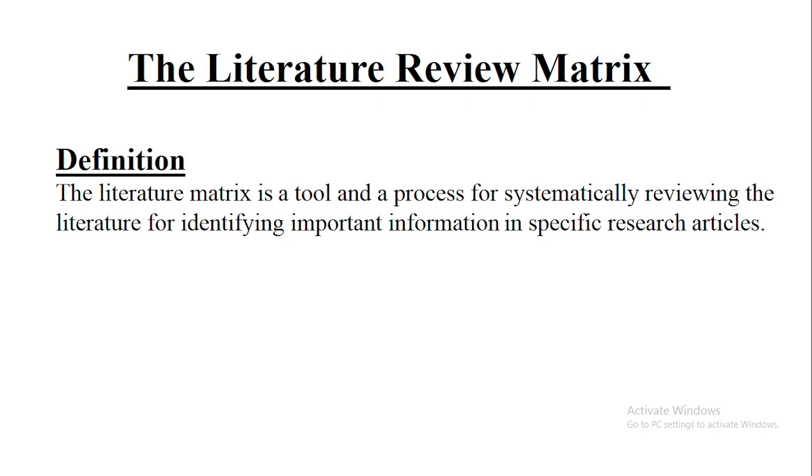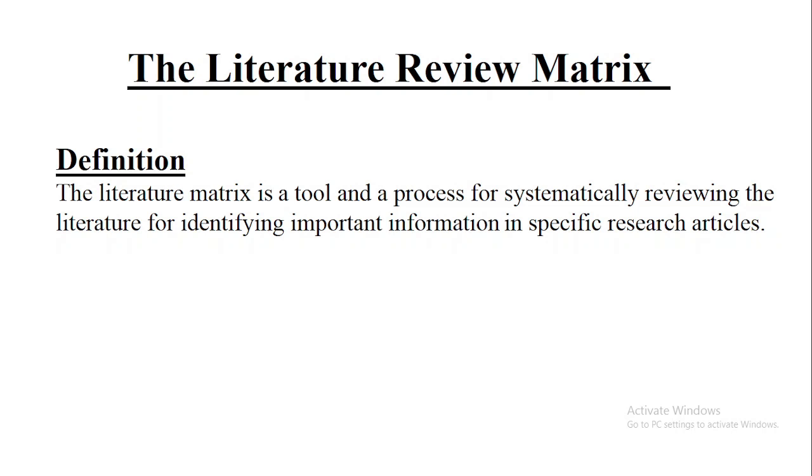The literature matrix is a tool and a process for systematically reviewing the literature, identifying important information in specific research articles. Whenever you are going to write an article or your thesis, you need to go through the previous work.